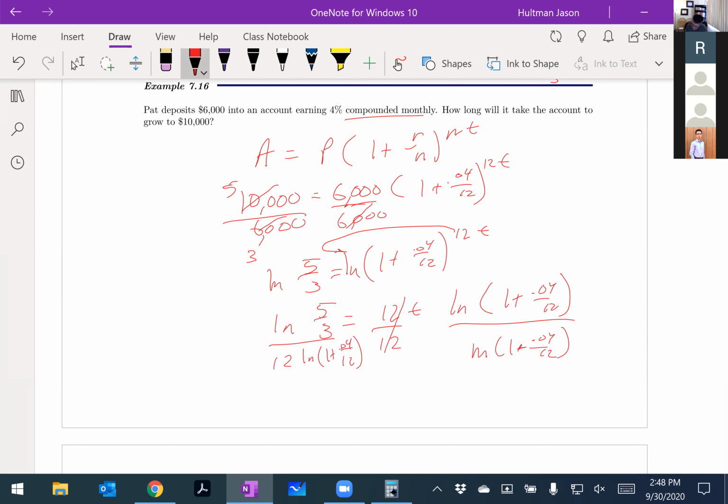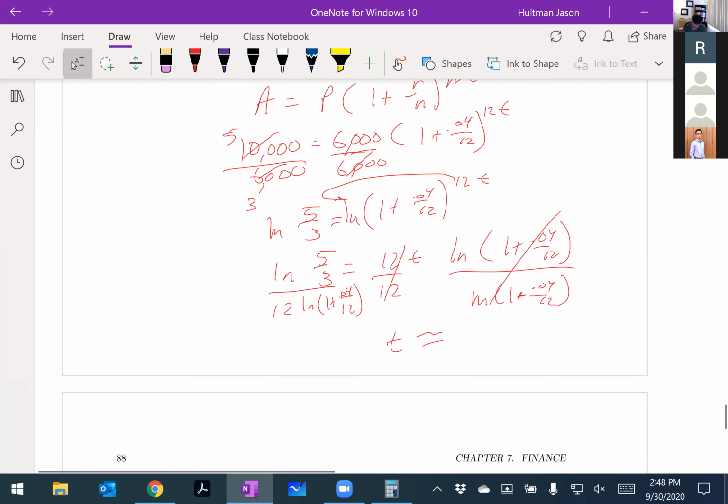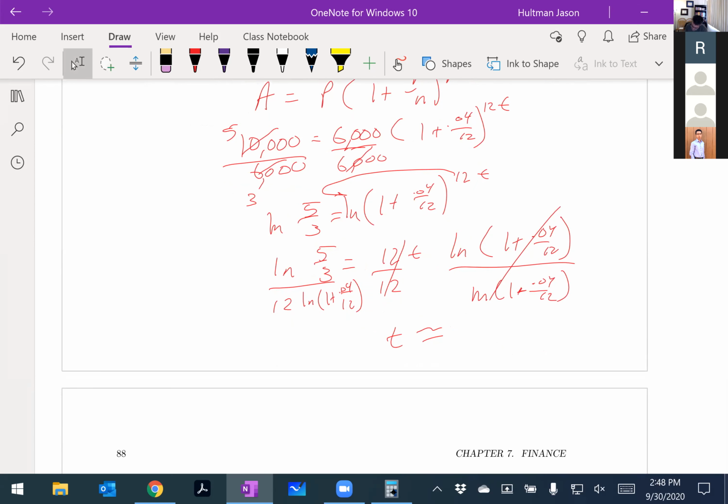And so t is equal to the natural log of 5/3 over 12 times the natural log of 1 plus 0.04 over 12.